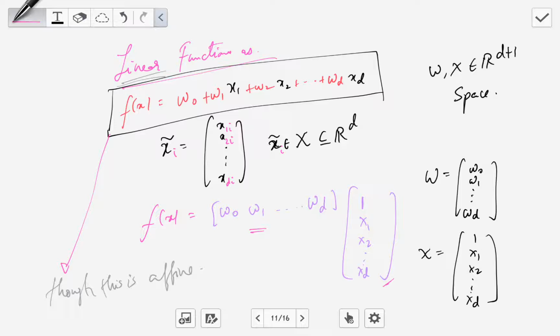Or wait, so as to be consistent in the future, let us make it xi1, xi2, so on up to xid. Okay, fine. So the same thing here.